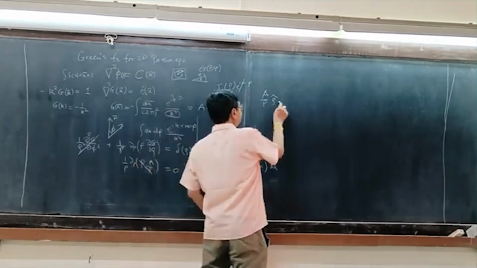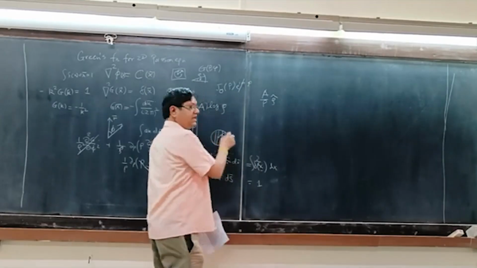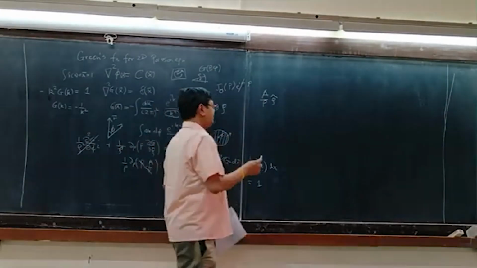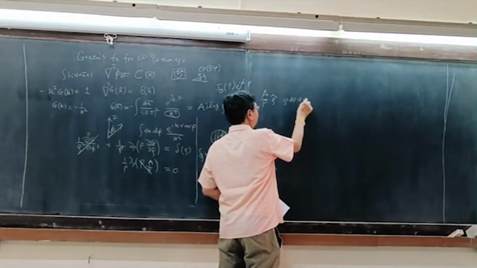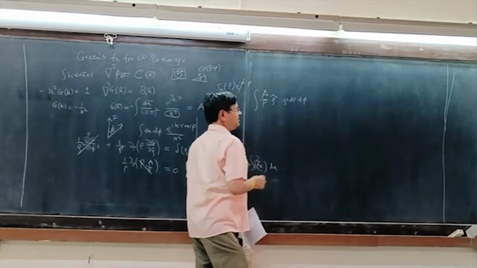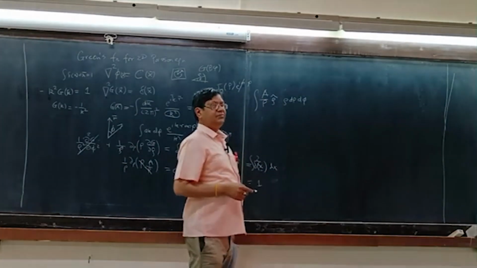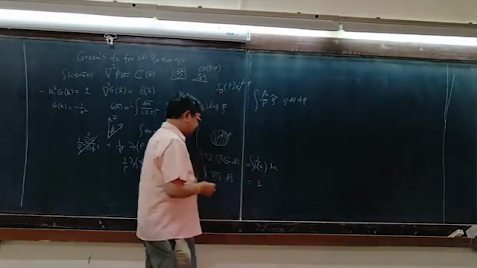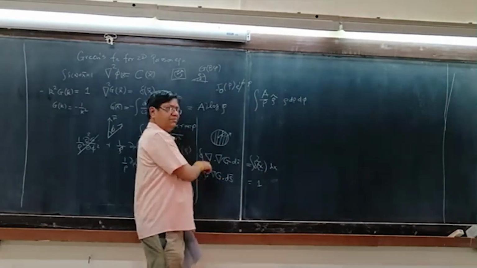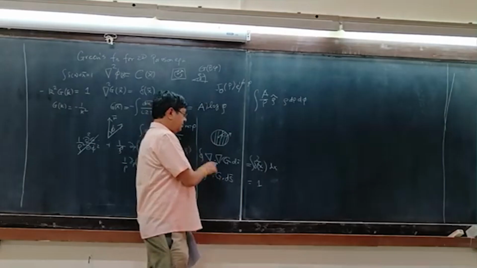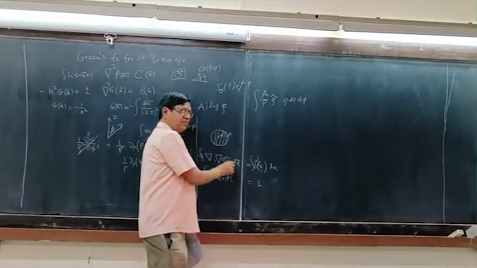And what is ds? The area integral is rho d rho d phi. This is my left side. Integrate that dot. And this one, yes, you integrate with the volume. dx is volume.